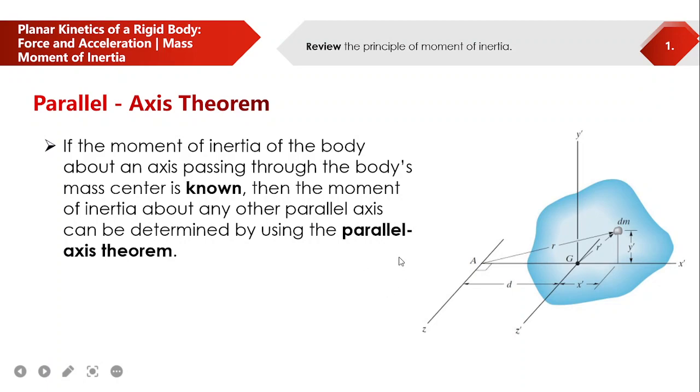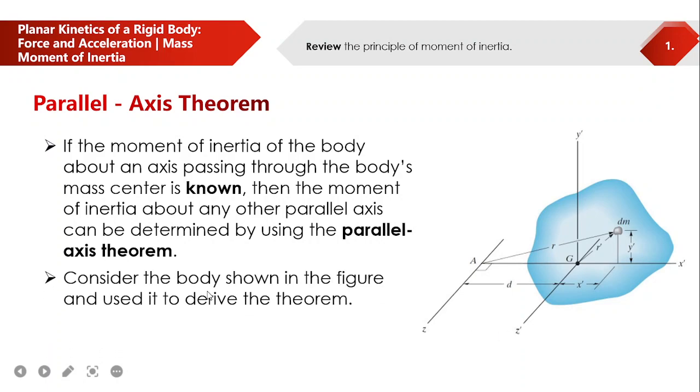So if the moment of inertia through the body's center, z prime, is known, as given in the statement, then you can solve for the moment of inertia about z. That's what you call the parallel axis theorem. That's how the theorem works.